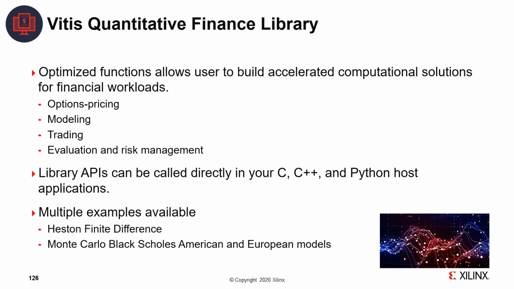Level 2 APIs are provided at the level of pricing engines. Various pricing engines are provided to evaluate different financial derivatives, including equity products, interest rate products, foreign exchange, and credit products. At this level, each pricing engine API can be seen as a kernel. You can write your own host code to call different pricing engines.